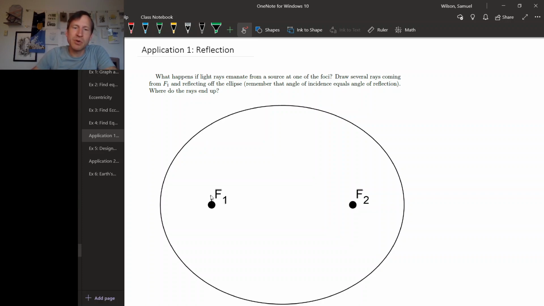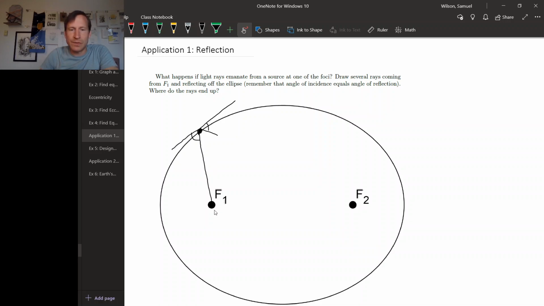Remember, the important property for reflection that we have to take physicists' word for is that when a light beam reflects off of a surface, so here I've sketched the tangent line at this point where the light beam is striking the ellipse, the angle that it makes coming into the surface is the same as the angle that it makes going out of the surface. So something like that.